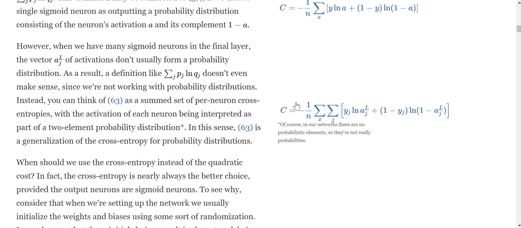Instead, for this expression, you can think of it as calculating the cross entropy for each neuron in a layer and summing them up, with the activation of each neuron being interpreted as part of a two-element probability distribution, because you have two elements, a and 1 minus a, or y and 1 minus y. In this sense, this is a generalization of the cross entropy for probability distributions. Of course, in a network, there are no probabilistic elements. They are not really probabilities.